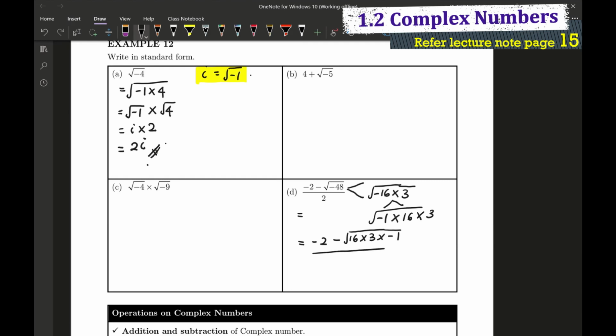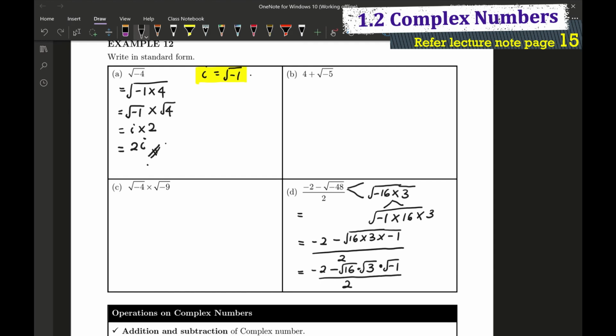Because we know from our definition, square root of negative 1 is equal to i. So this one, it will become negative 2 minus, by law of surds, you can break this up into one by one: square root of 16 multiplied by square root of 3 multiplied by square root of negative 1, divided by 2.